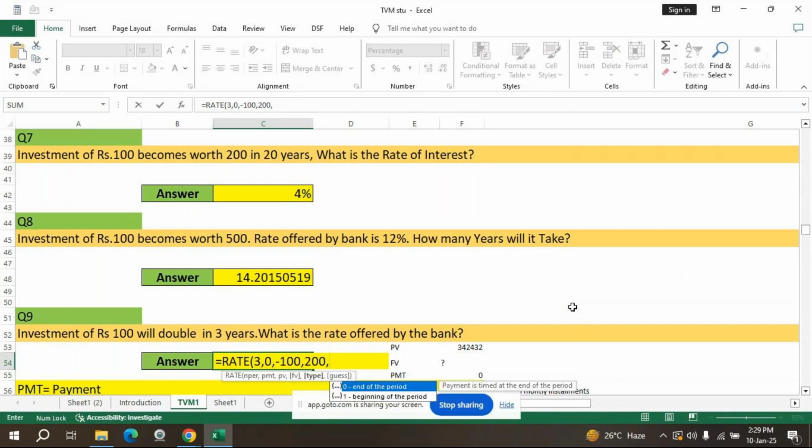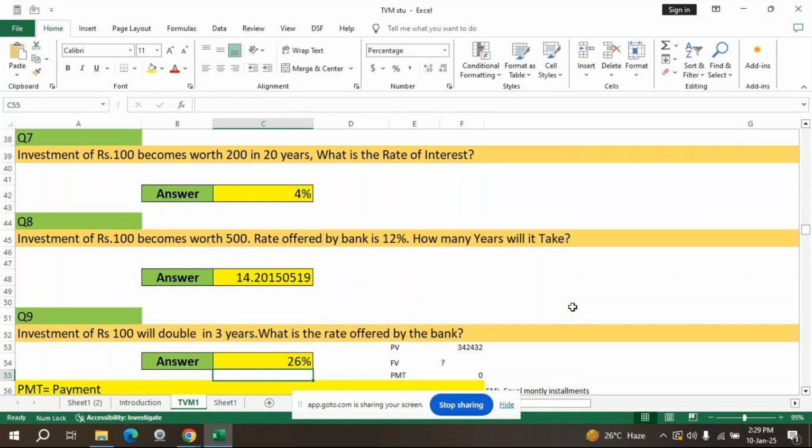Annuity type is 0. Now close the bracket and press enter. See, now we'll be getting the answer as 26%. So for my investment to double within 3 years, the bank should offer me a 26% rate of interest.